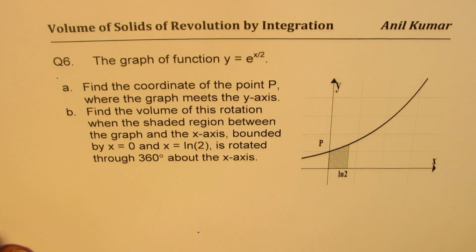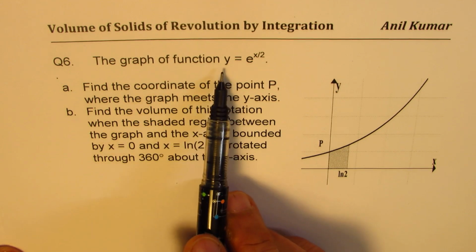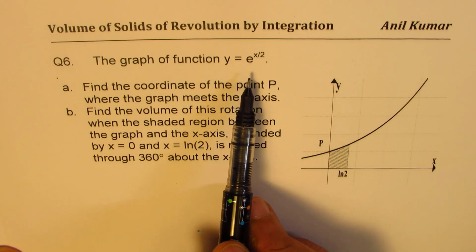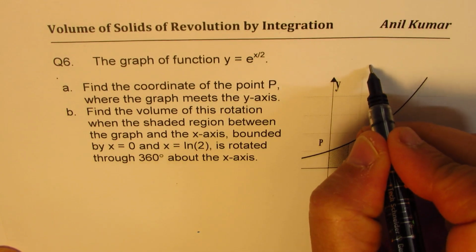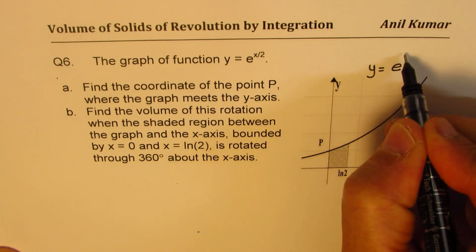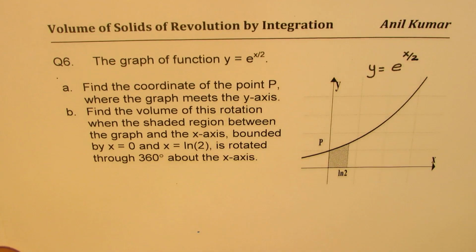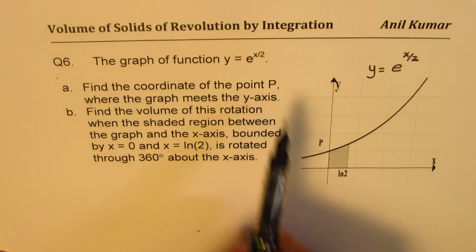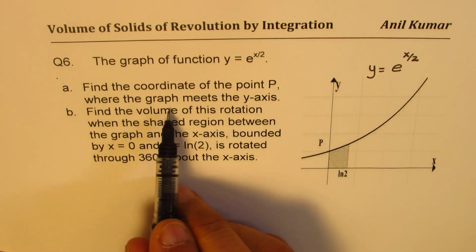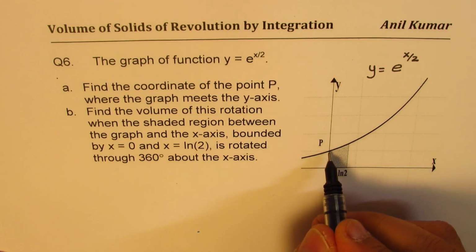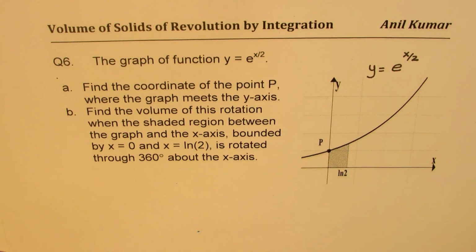The question here is, the graph of the function y equals e to the power of x by 2 is given to you. Part A: find the coordinates of the point P where the graph meets the y-axis. That is your y-intercept.